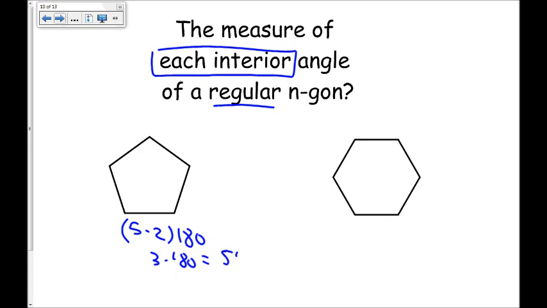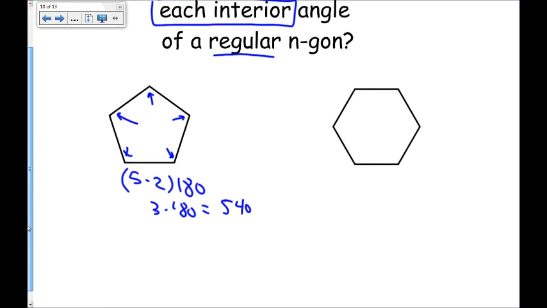which is 540. But I know something about regular polygons. They are equiangular. So all 5 of these angles are the exact same measure. So I can divide this by 5 and get the measure of each of those angles to be 108.